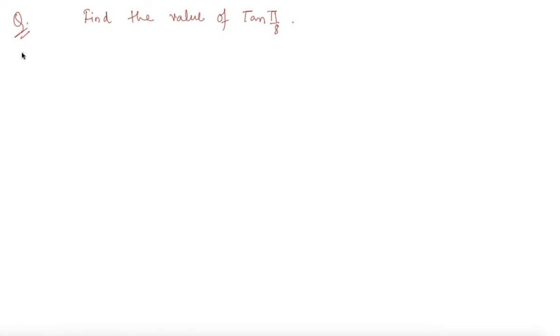The question given to us here is to find the value of tan pi by 8. We know that the value of x is pi by 8 here, and we will use the formula of tan 2x, which is 2 tan x upon 1 minus tan square x.